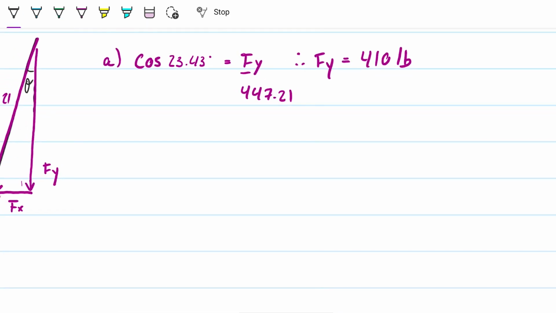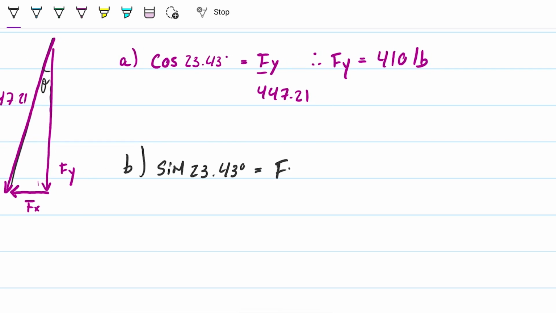And over here, changing colors for my part B, the sine of 23.43 degrees will be equal to my Fx divided by 447.21. So therefore my Fx is 177.8 pounds.